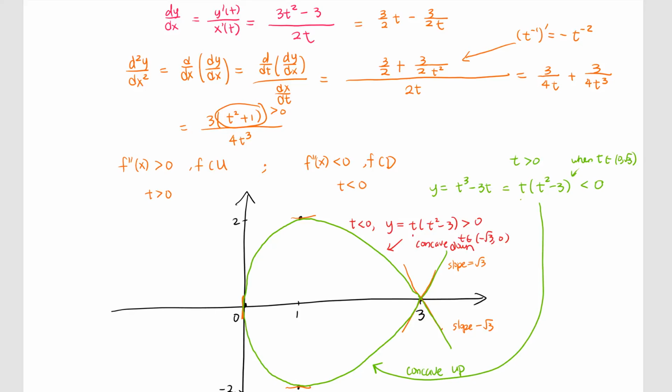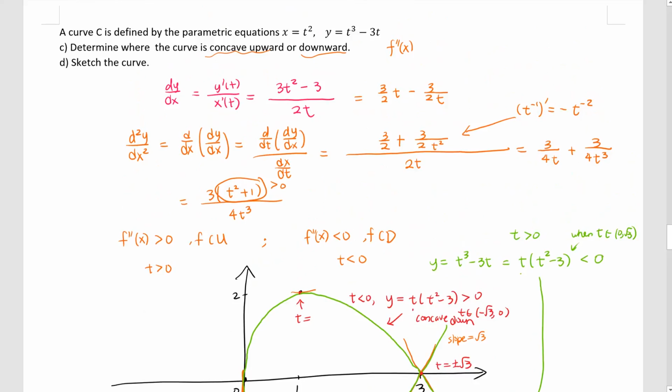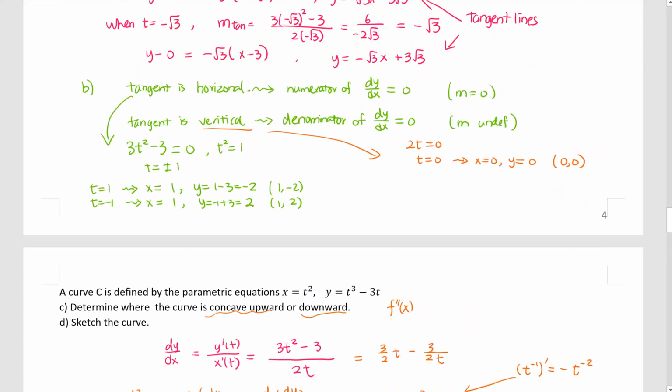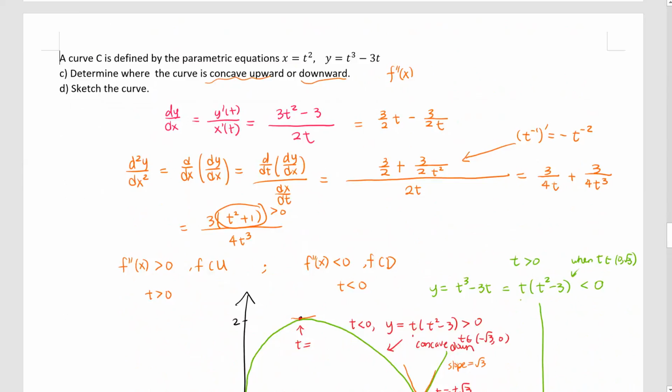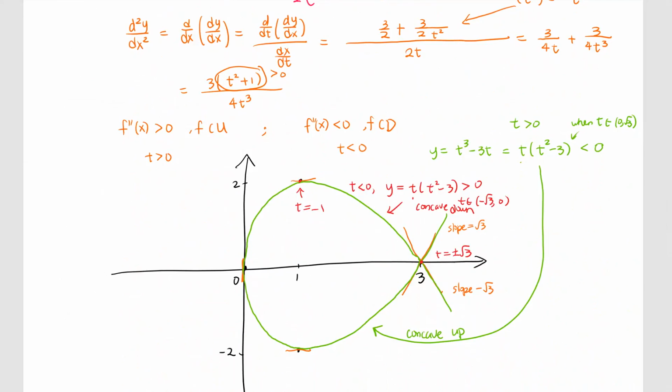Yeah, so this corresponds to t is plus or minus square root of 3, and this corresponds to t equals, let me see. So 1, 2 correspond to t equals minus 1. This is t equals 1, and this is t equal to 0.